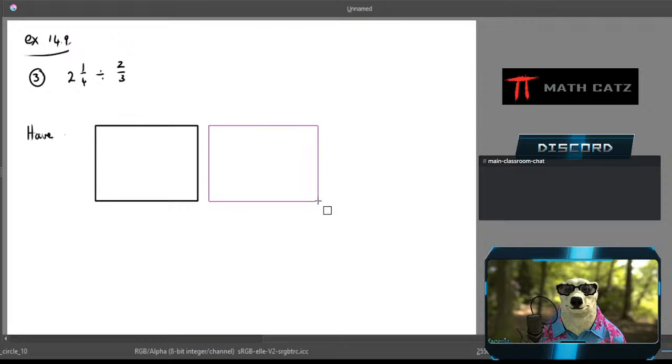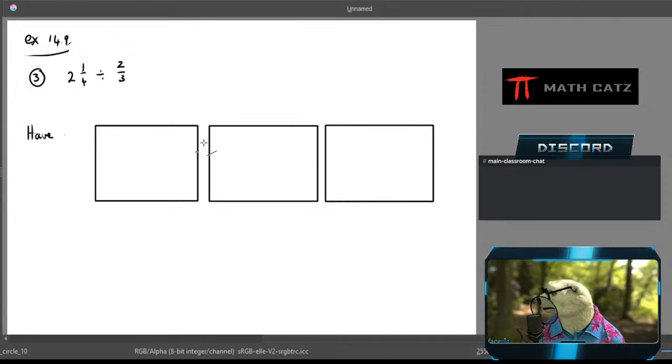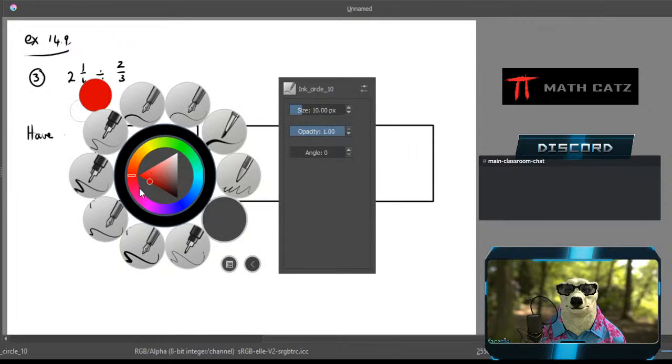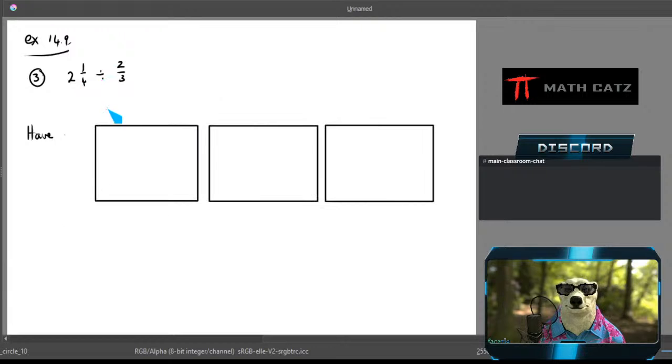Don't want to make them too small, don't want to make them too big, but enough so you will have space to draw and fit stuff in. Ooh, that was nice. That's a nice pink.